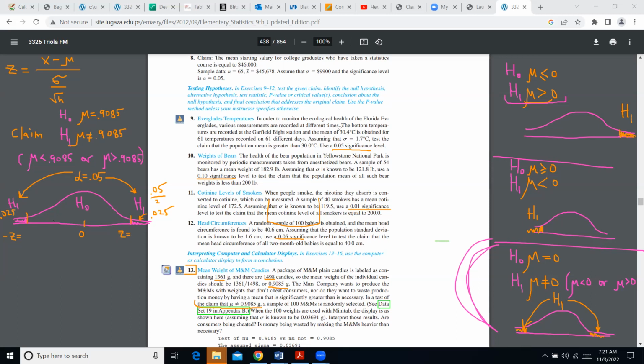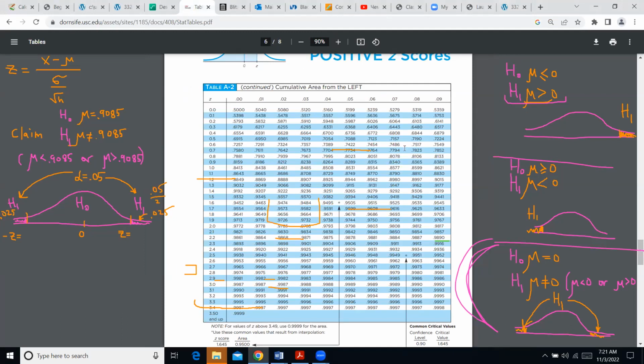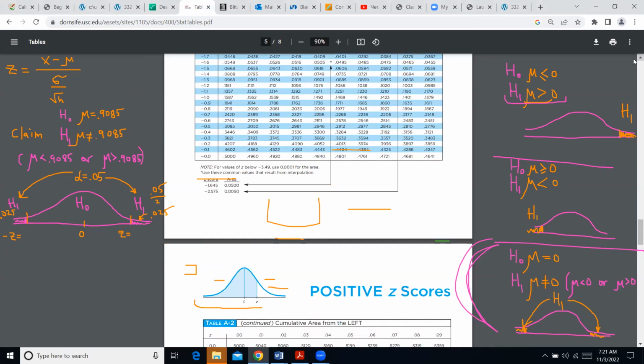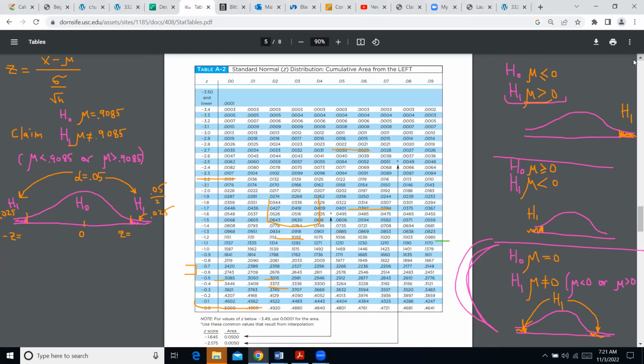And that will give me the ability to get a z-score for this. So I just take the tables and I find 0.025 in it. And for that matter, I need to scroll up. That's where those decimals are. So I can see that 0.025 is exactly present in this table in the row minus 1.9.